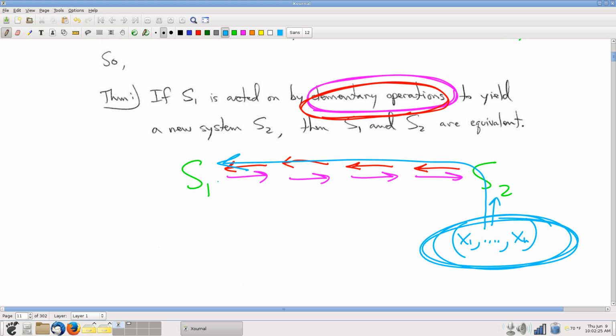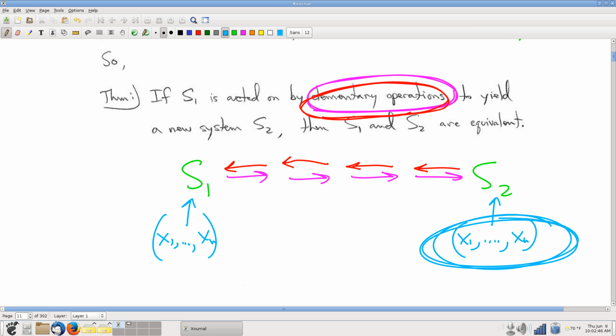And that means that if I have a solution to S2, then it follows that those same numbers are solutions to S1. So this implies that. So it's critically because of the reversibility.